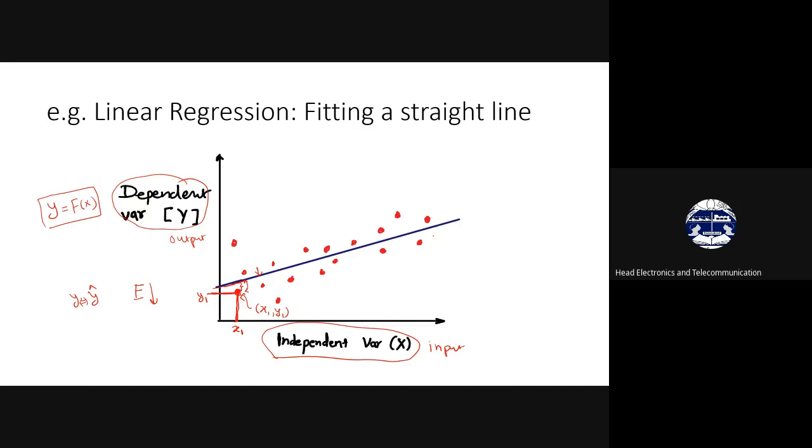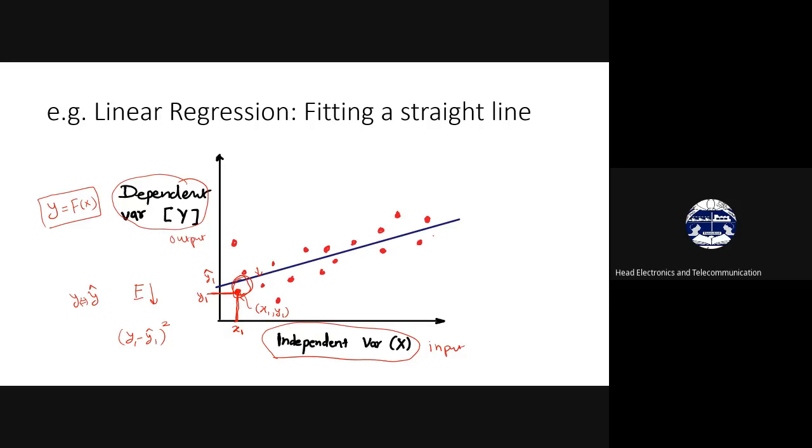So when I put x1, this line will give me output here. So this is my y1 predicted. The difference between these two is the error. So y1 minus y1 predicted. If I do squaring of this, I will get a squared number.